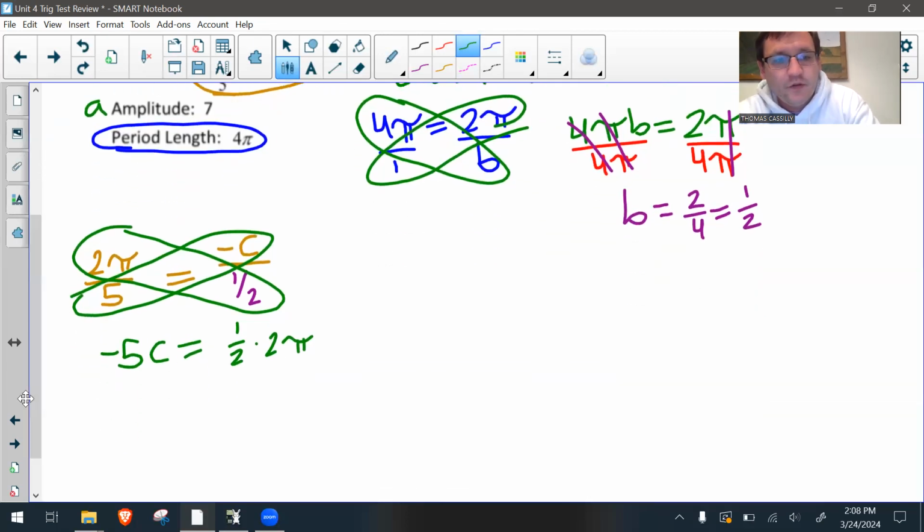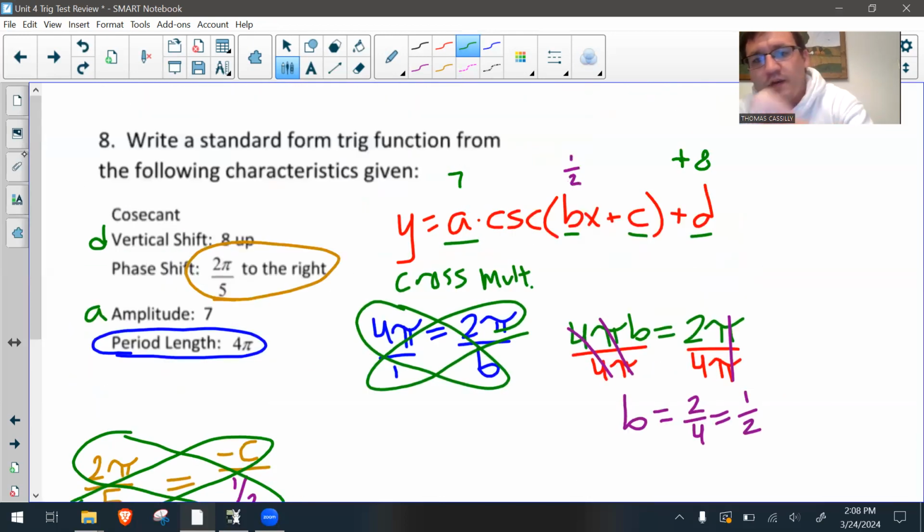If we clean that up a little bit, you have negative 5C equals pi, and then divide away the negative 5 on both sides. C equals negative pi over 5. All right, so there we go. Negative pi over 5. And that's really all we have.